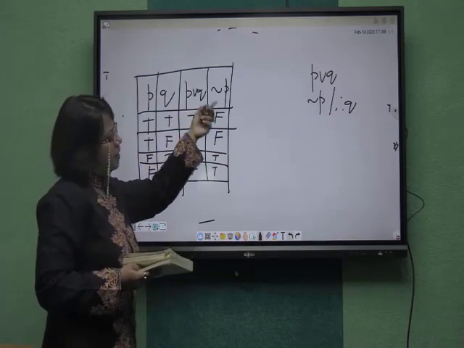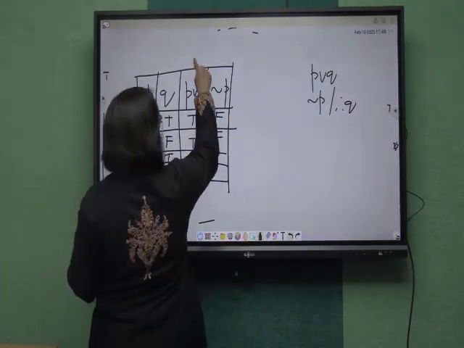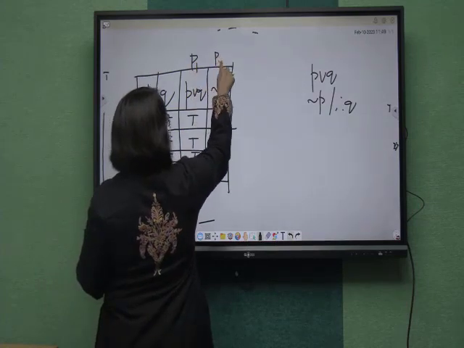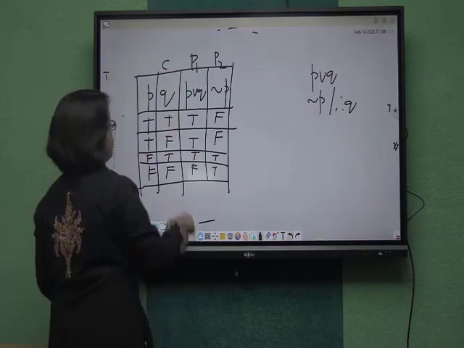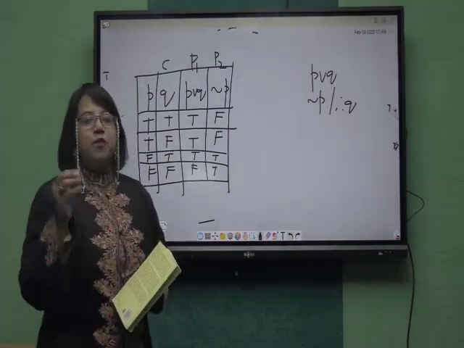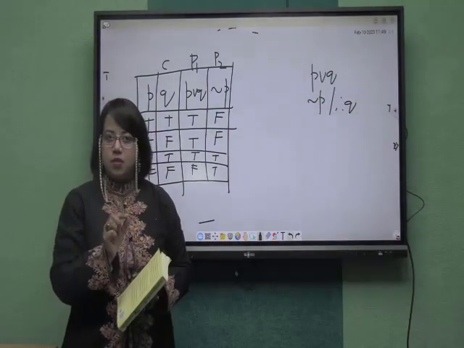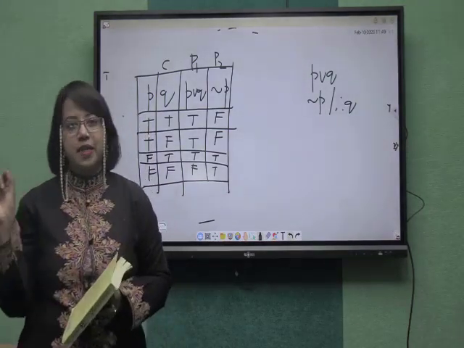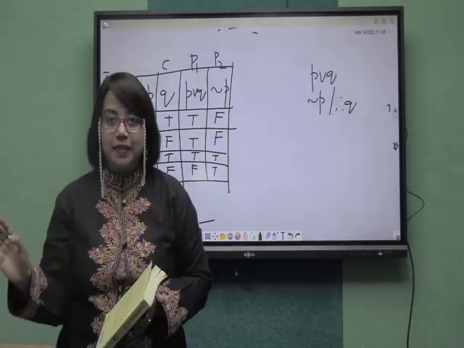Coming back to the argument, P wedge Q and negation P are the two premises, and Q is the conclusion. Here the rule is: if both the premises are true and the conclusion is false at one and the same time, then the argument is going to be invalid.